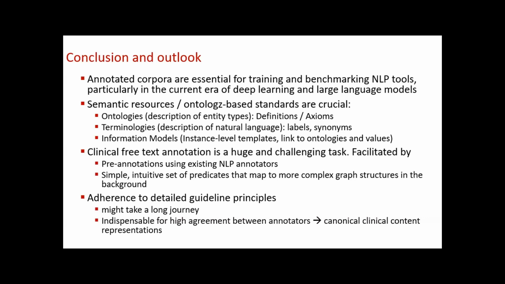And what we also have found out is that we need an intuitive, not too big set of handy predicates that map to more complex graph structures in the background, but the annotators definitely should not learn the intricacies of FHIR information models, and also not the intricacy of SNOMED CT post-coordination.